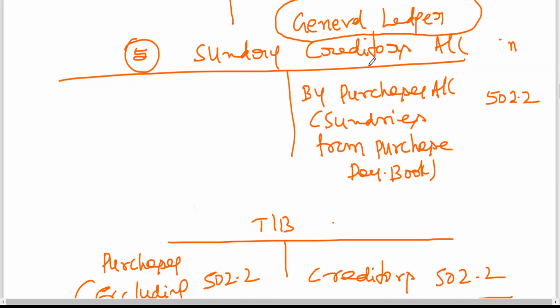BSNL has crores of customers. Postpaid connections, they all are called customers. Electricity department, crores of customers are there. We all are customers. You make payment after getting the bill, not before.